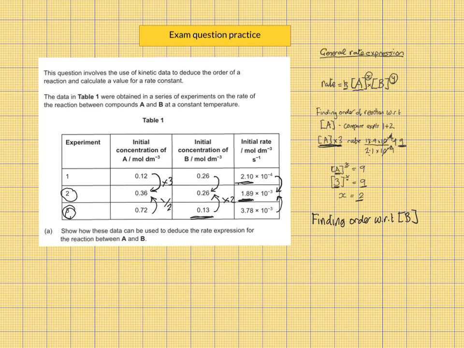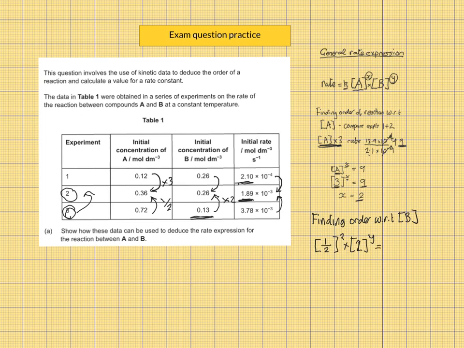In experiment 3 to 2, the concentration of A has been halved, and we know the order with respect to A is second order. Between experiments 3 and 2, the concentration of B has been doubled. But we don't know the order of reaction with respect to B. That's what we're trying to find, so we'll put that as y.